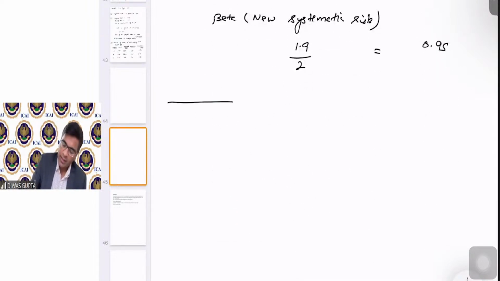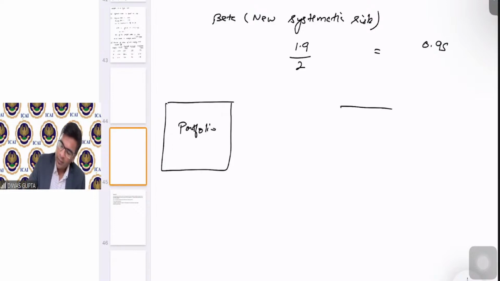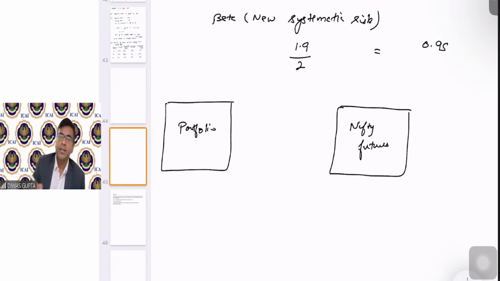Now, please, everyone focus here. This is my portfolio. And there is a separate element of Nifty futures. Correct, students? So portfolio is having a beta of 1.40, which is fine. First of all, what does this statement mean?